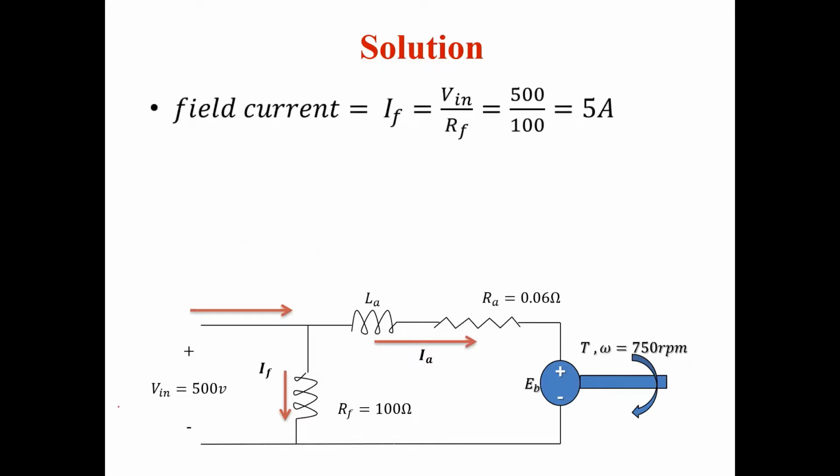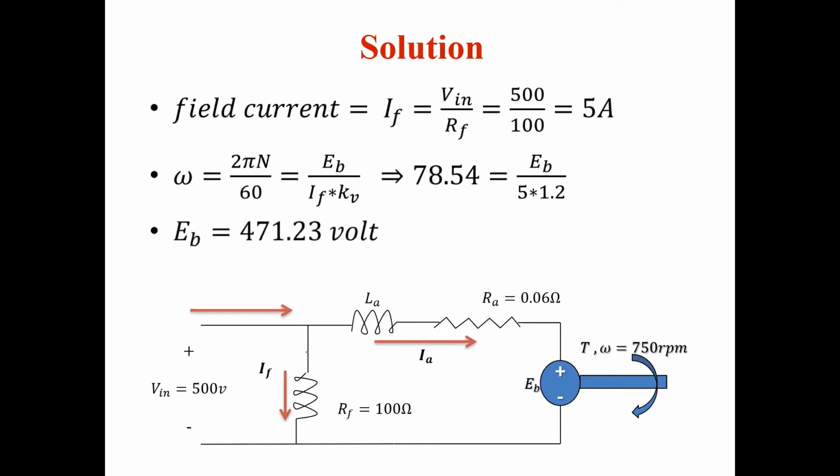So this is the equivalent circuit. This is the input voltage. This is the field resistance, it's the shunt winding, and this is the armature resistance. From this, we can determine IF first, because IF equals V in divided by RF. So it is about 5 ampere.